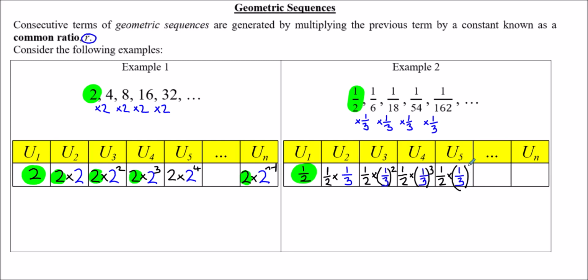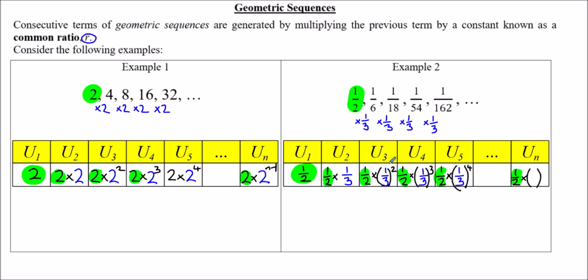So again, we can generalize now. For the nth term, we're always taking the first term, just like we did in this first example, only here the first term is a half. And then we're multiplying that by the common ratio a certain number of times.